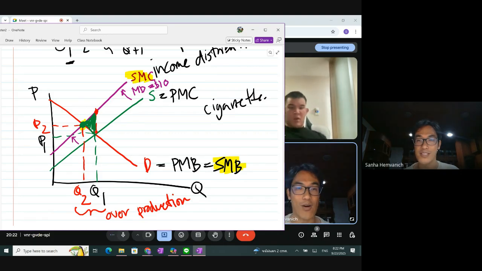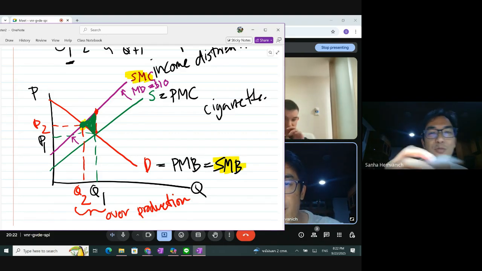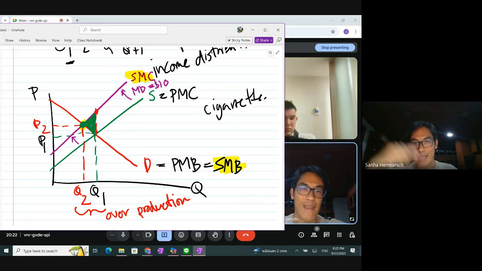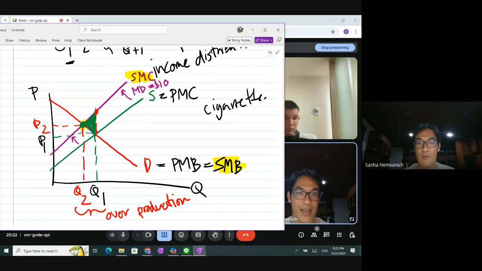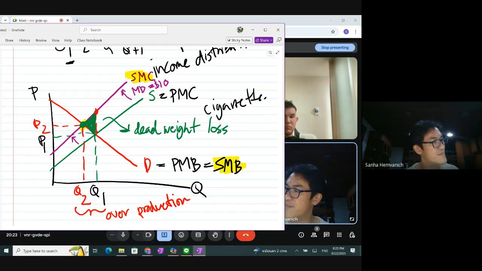How much higher? This area, because it is the difference between the cost and the benefit of producing at Q1. This is the concept of deadweight loss to the society.